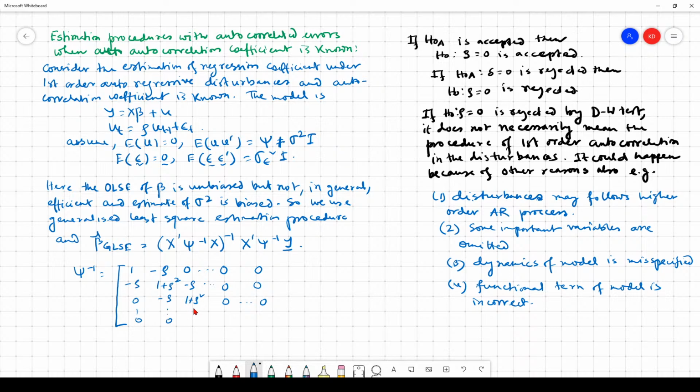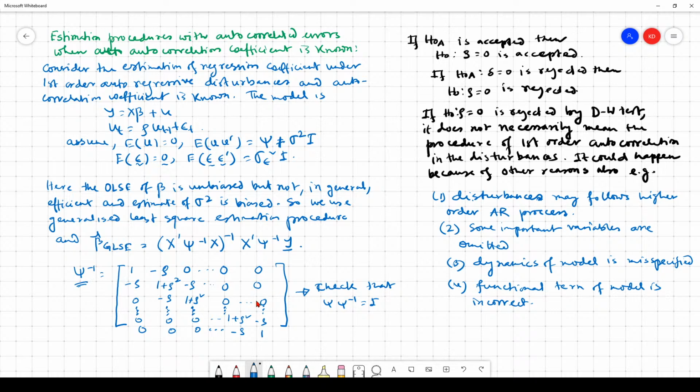Please check this inverse. Just check that this matrix is the inverse of xi.